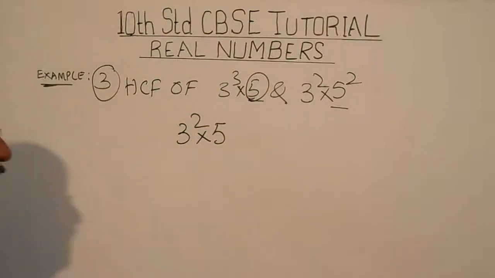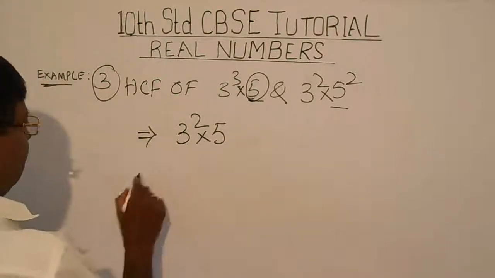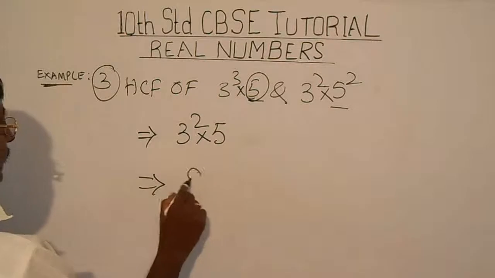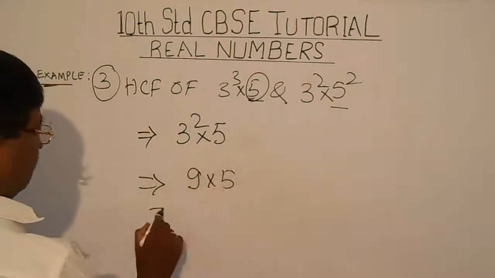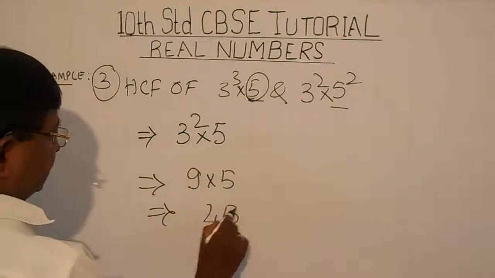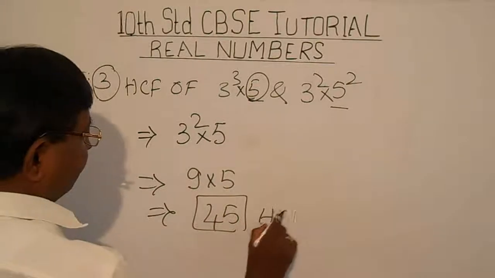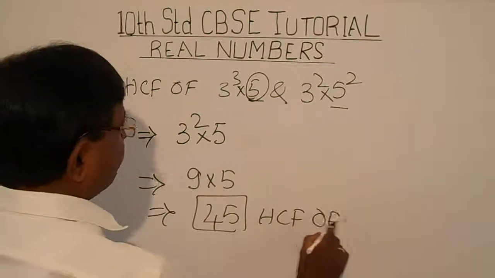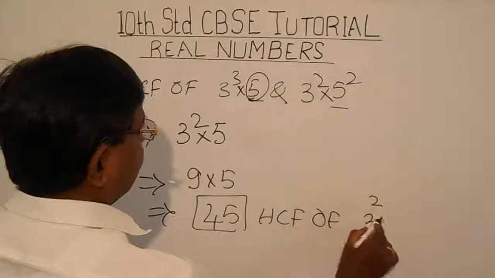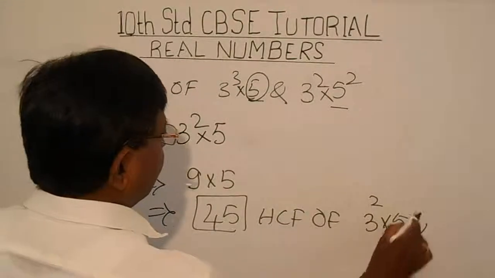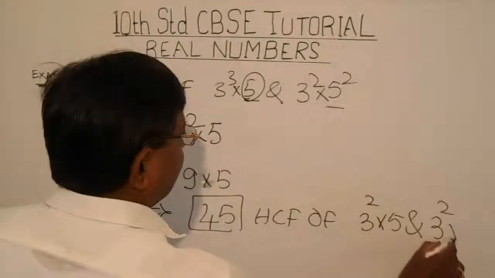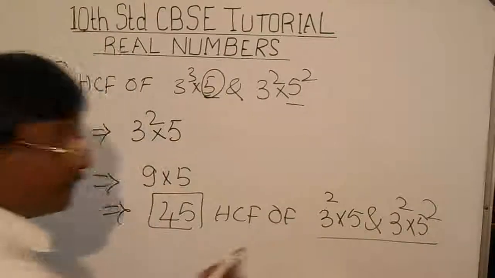So multiplying, 3 to the power of 2 is 9, into 5 is 45, which is the HCF.